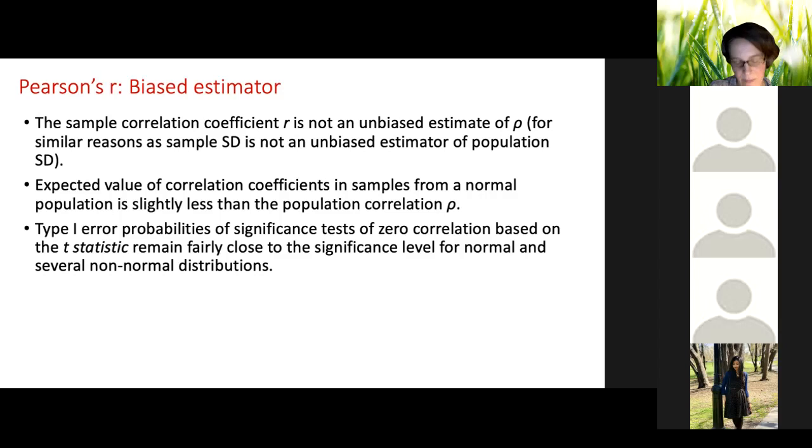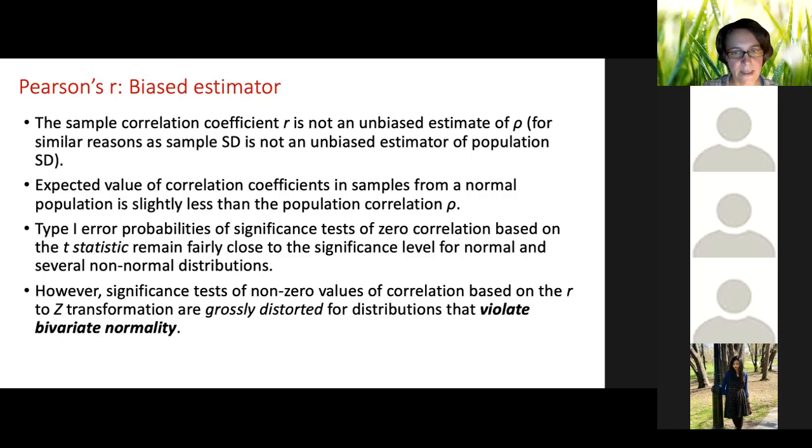The bigger problem is that this might affect the type 1 error rate, basically the probability that we reject the null hypothesis despite the fact that it's true. For the t-statistic, the type 1 error rates remain fairly close to the true significance levels, even if the variables are not bivariate normally distributed.